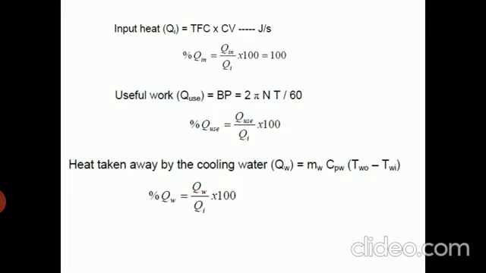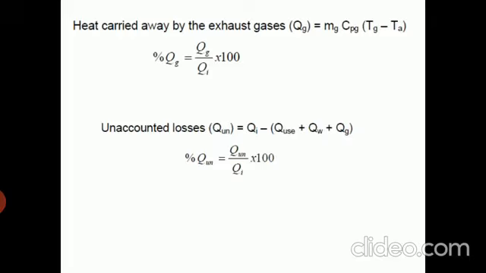Again we will convert to the percentage of heat carried away by cooling medium. Then heat carried away by exhaust gases: m_g Cp_g times temperature of exhaust gas minus temperature of air, because air is taken into the cylinder, so some air is entering the cylinder, and while leaving the cylinder it is moving as a burned gas.